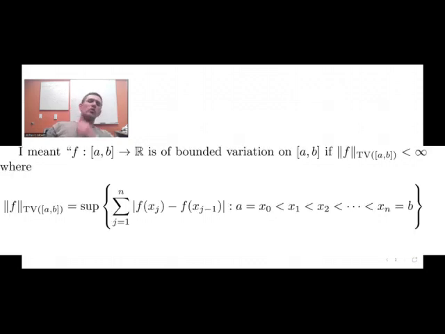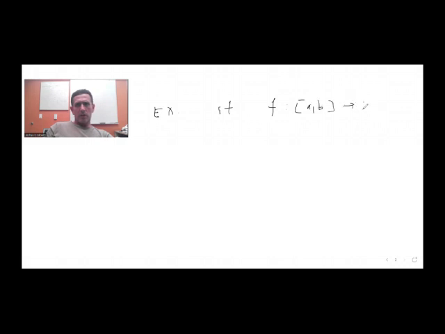All right, so one trivial example of a function of bounded variation. If this is monotone, then F has bounded variation, or is of bounded variation.